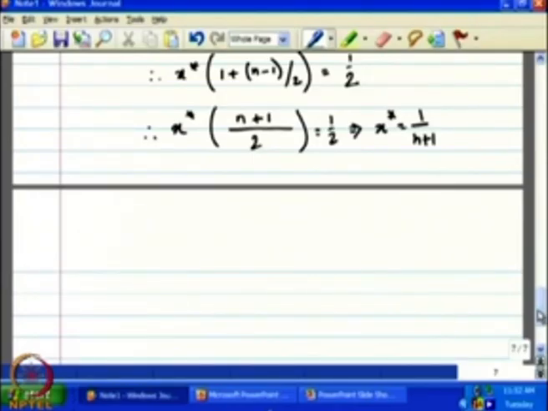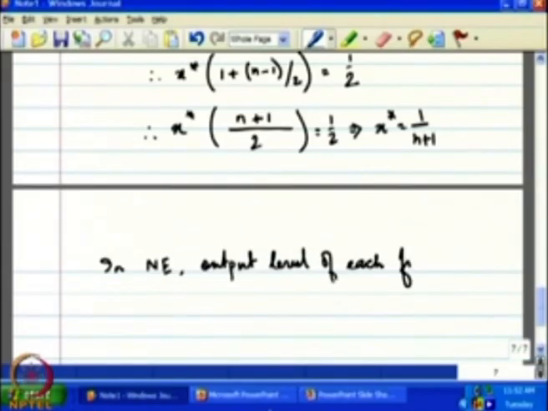Now, output level is a little different concept. So, in Nash equilibrium, what is the equilibrium output level? As before we have seen, q star, forgetting about the subscript, is given by x star multiplied by 1 minus all these terms here, which means n terms multiplied by x star.